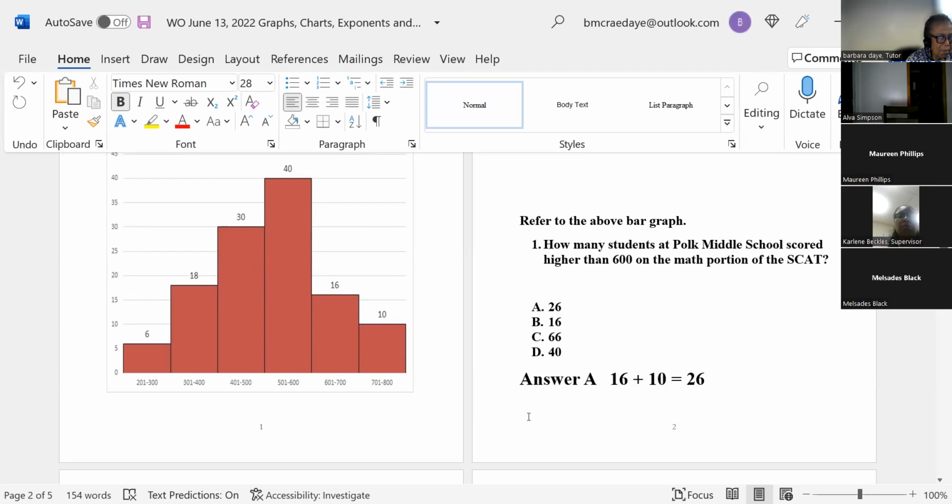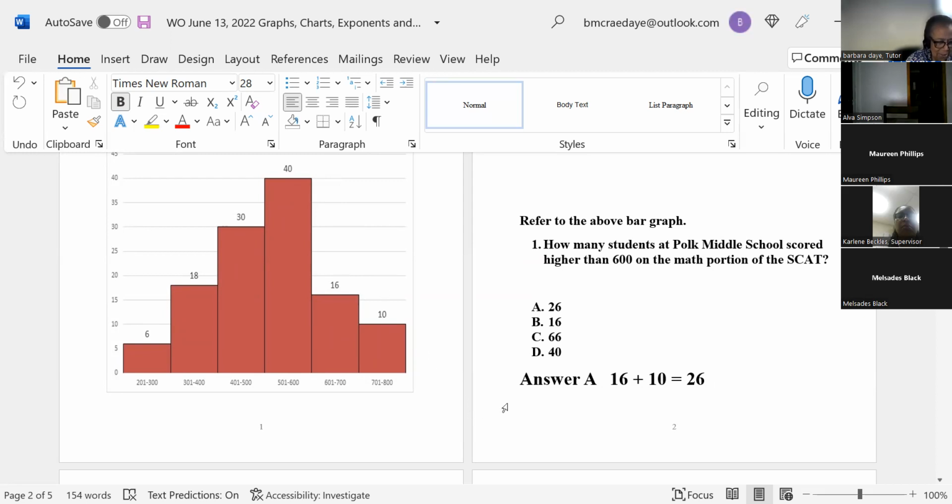The score is 501 to 600, so I choose 40. I ask you again, how many students scored higher than 500? Okay, let me give an answer. The answer should be, you say scored higher than 500, that is 66. 40 plus 16 is 56, plus 10 is 66.